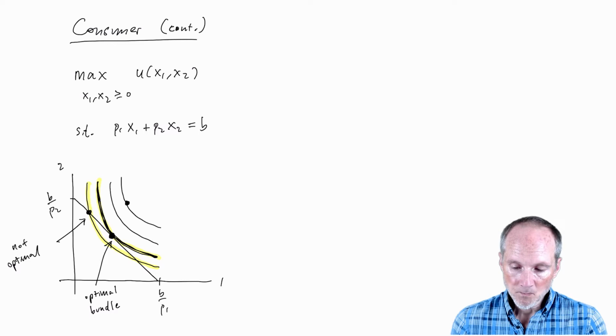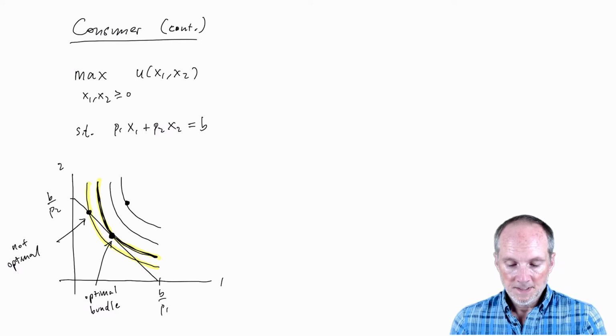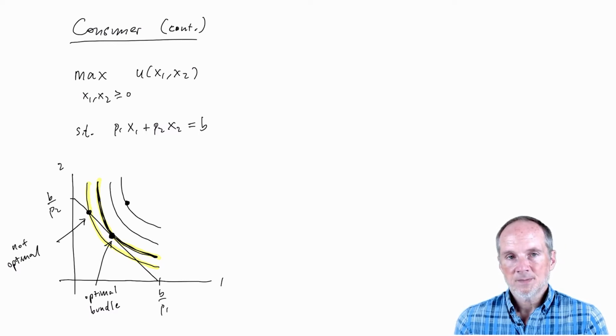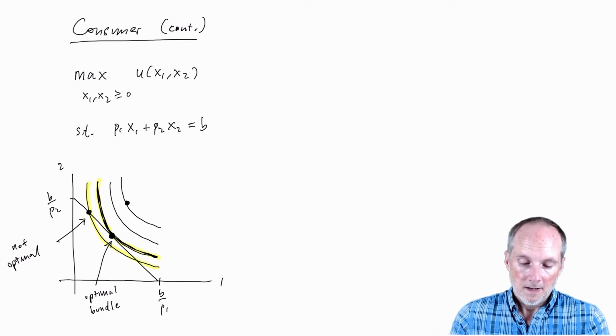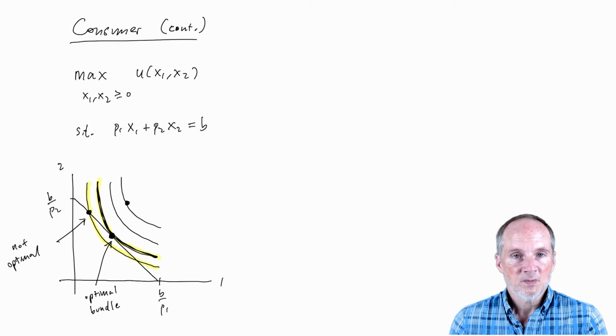And it's not as straightforward as just maximizing a net benefit function, for example, but it's still not that demanding. And furthermore, we can use calculus techniques to help us figure out what that optimal bundle is.